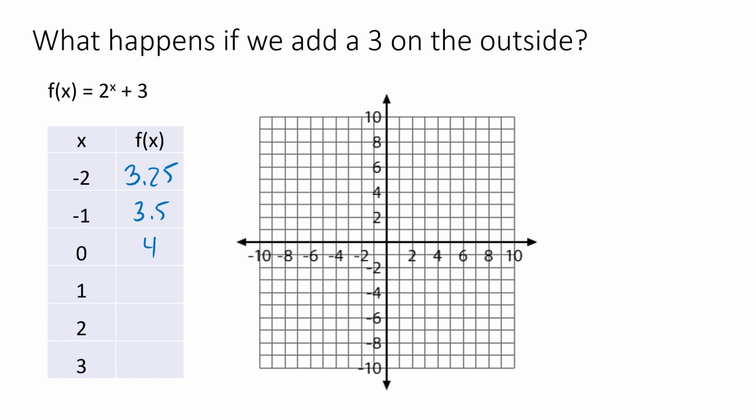So 2 to the first power is 2, plus 3 is 5. 2 squared is 4, plus 3 is 7, and 2 to the third power is 8, plus 3 is 11.